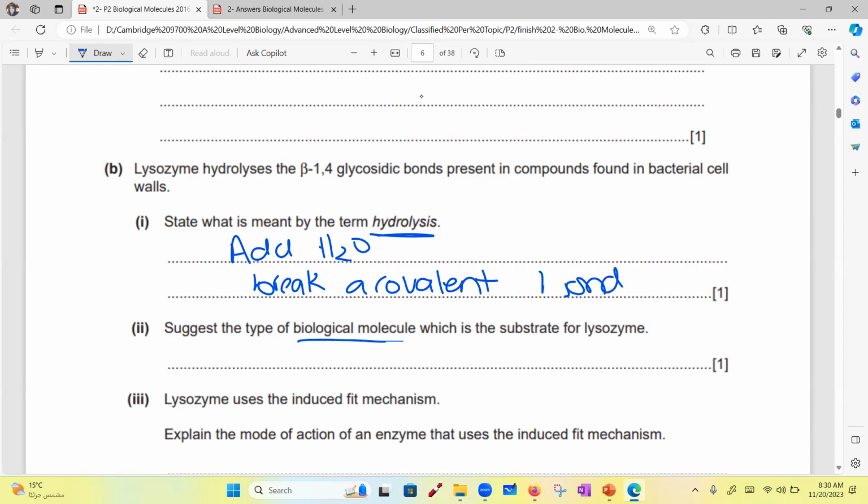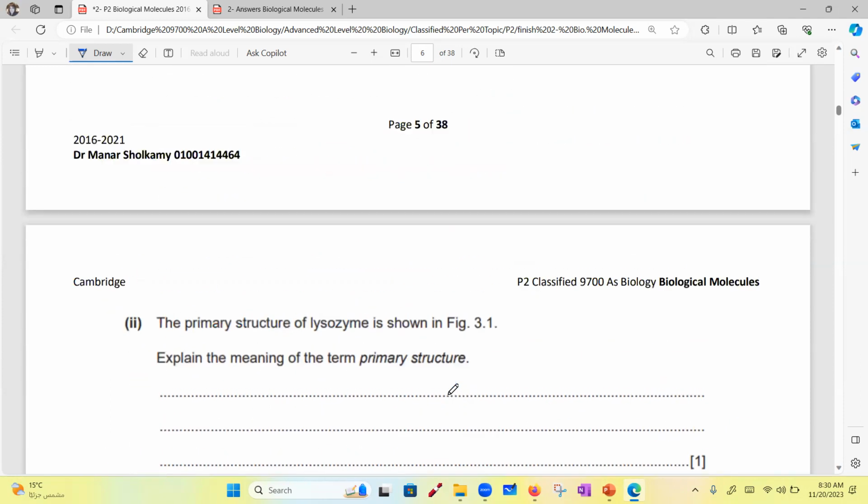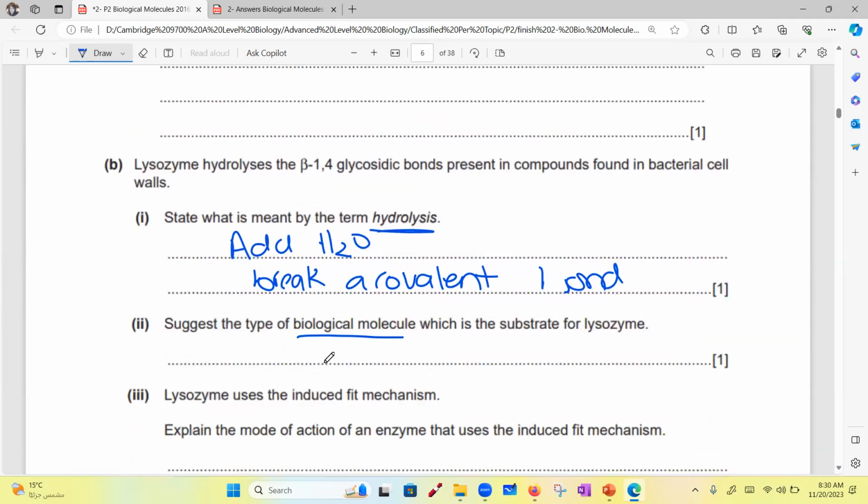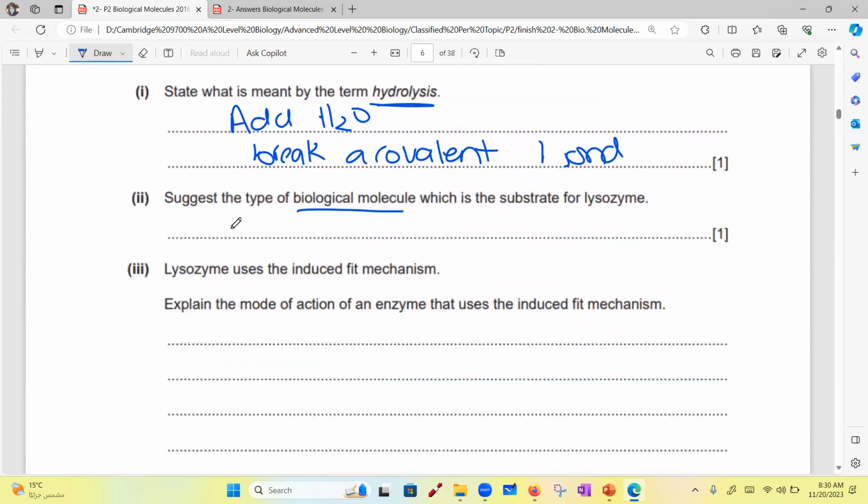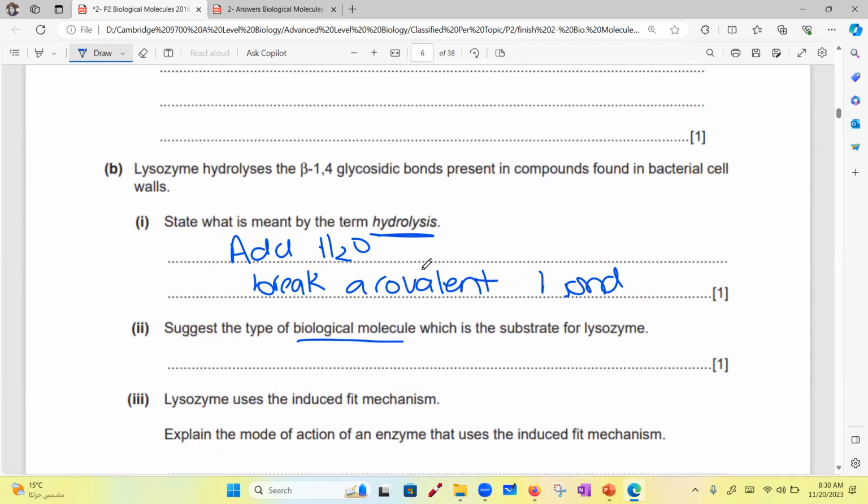Suggest the type of biological molecule which is the substrate for lysozyme. Lysozyme is an enzyme. What does it break? 1 minute. Definitely, look here. The lysozyme.